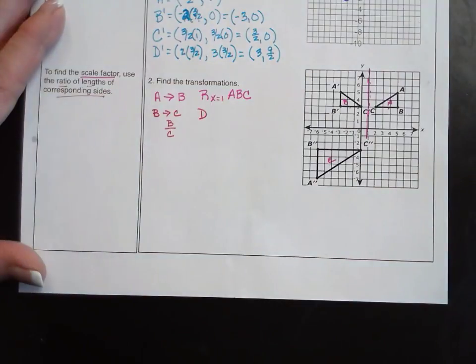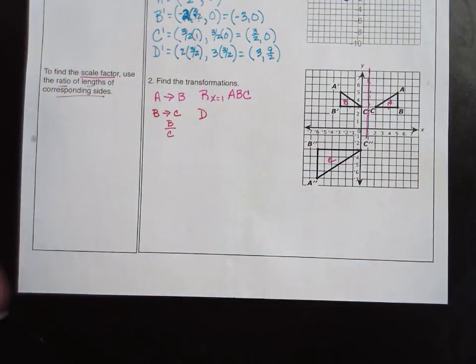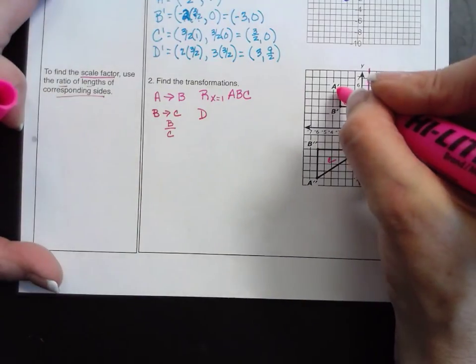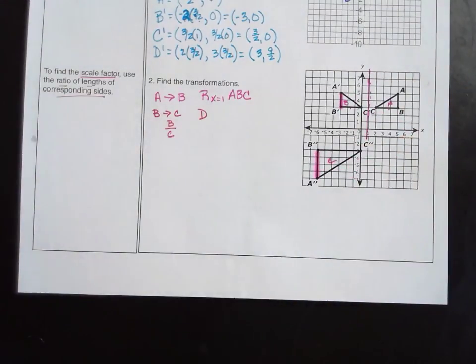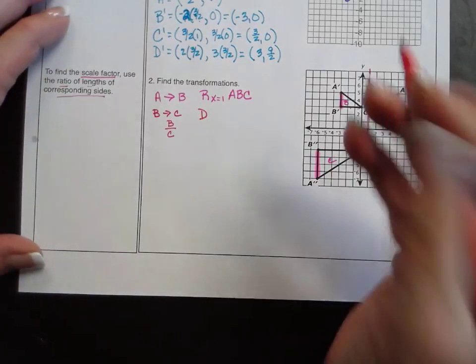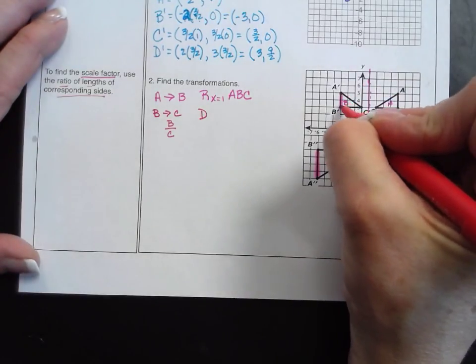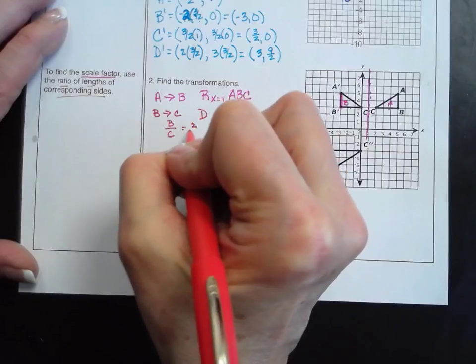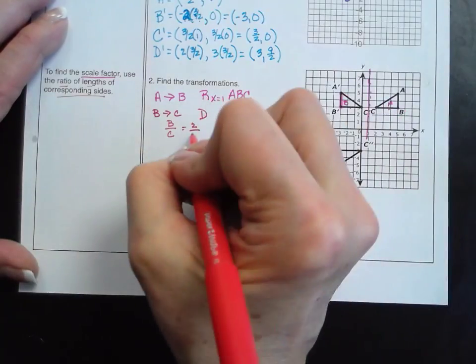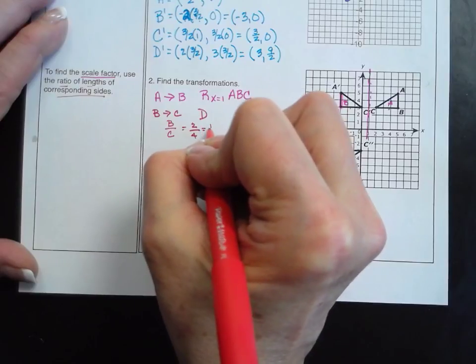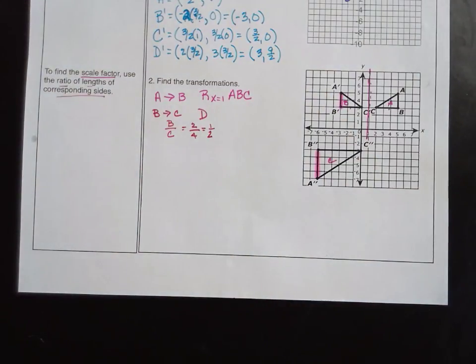Which one do you want to be the corresponding side? Let's use the straight one up and down. How's that sound? So are those two my corresponding sides? Okay. So B is 2. C is 1, 2, 3, 4. So that's a scale factor of 1/2.